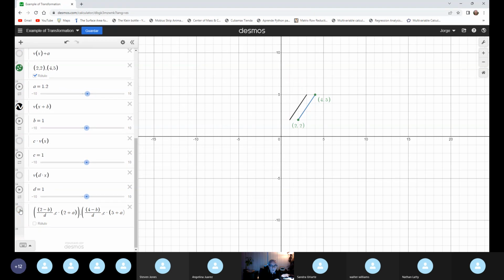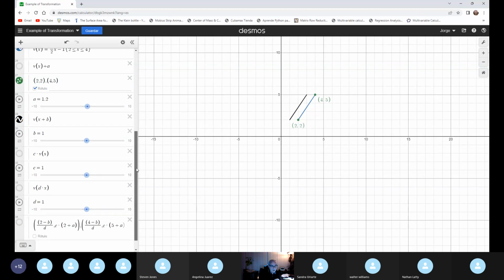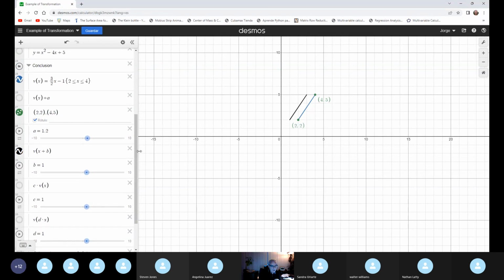It's just a segment. Okay, in this case, I change B. When B is positive, we're moving to the left. And when B is negative, we're moving to the right. Do you see the effect? Yes or no? Okay.